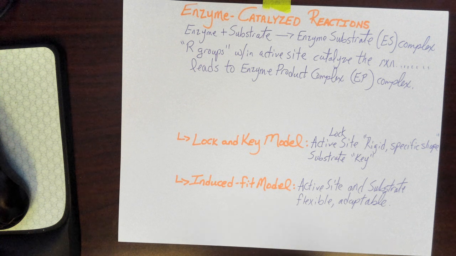Okay, so the induced fit model allows for that. Both the substrate and the enzyme can work together, they can work in partnership or cooperatively to create the right geometrical shape, structure, arrangement that will lower the activation energy of the reaction.